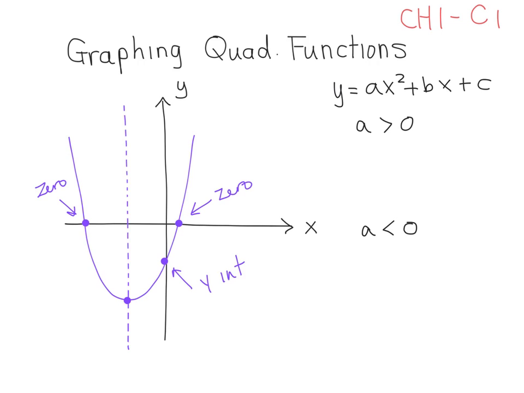And depending on the case, sometimes the vertex is a minimum and sometimes it is a maximum. The line that's shown in a dotted line, those are called axes of symmetry.